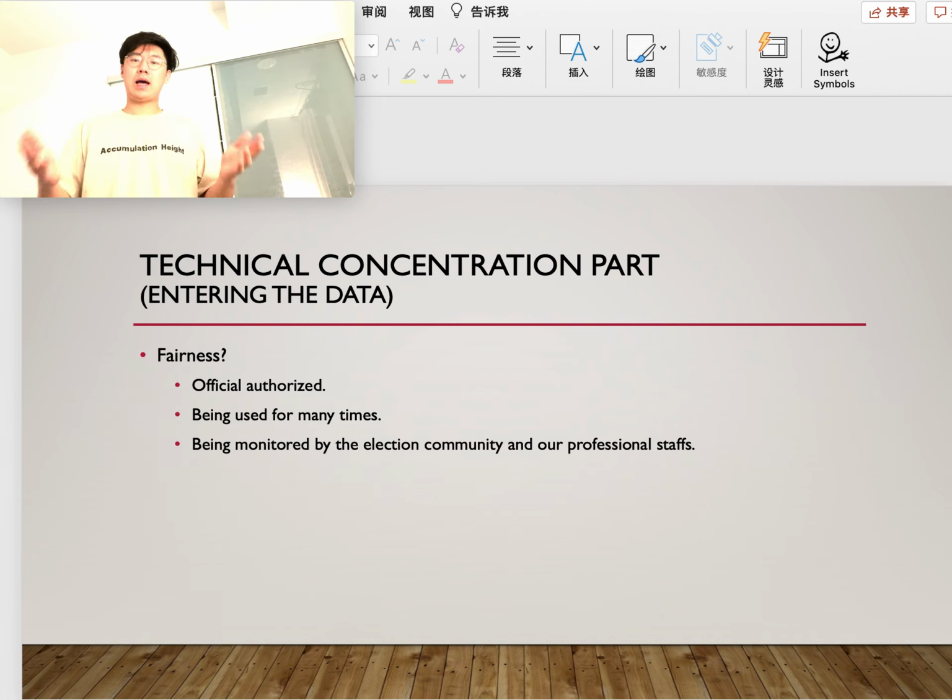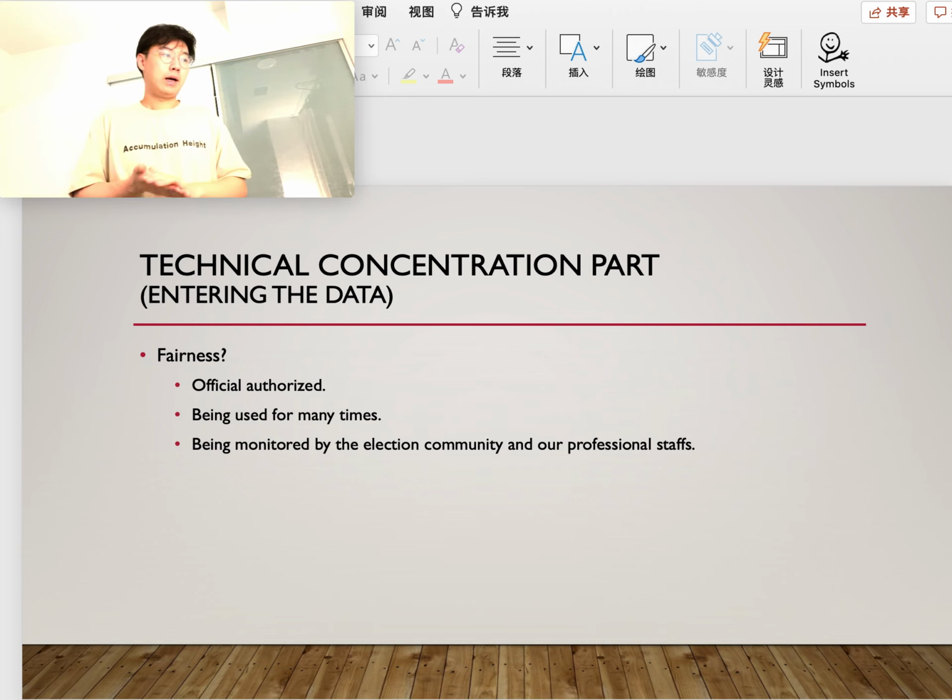You may think that even though we use an electronic voting system, fairness still cannot be guaranteed. But things are different, because our system is official, authorized, and used for many essential votes, so it is reliable and we can trust it.